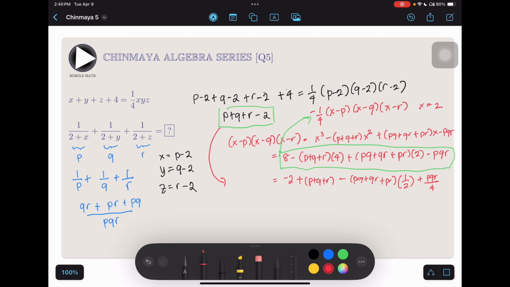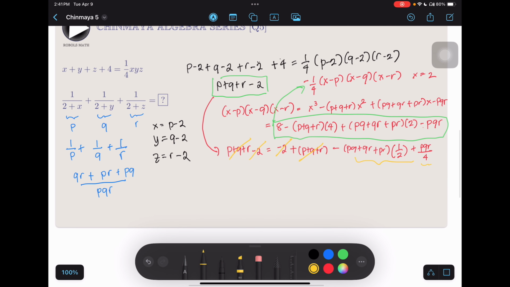If we put this here, we get p plus q plus r minus 2. And then we have common terms on the left and right side, so this one cancels out, and the negative 2 as well. So we are left with this and this. And if we simplify that, we get pq plus qr plus pr over 2 is equal to pqr over 4.